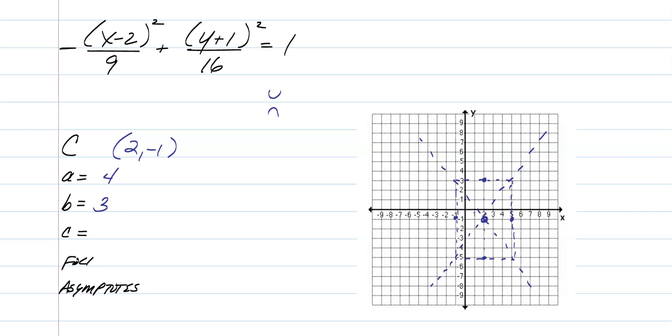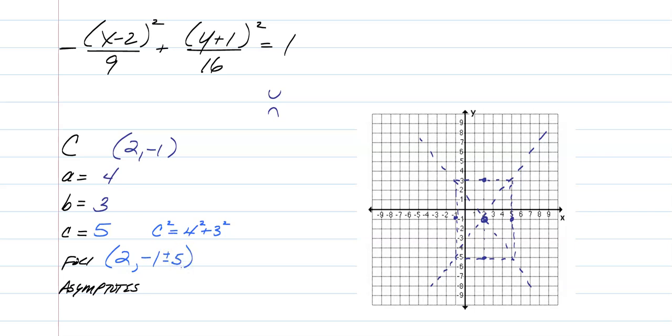Our C value, C squared, is equal to 4 squared plus 3 squared. That would be 16 plus 9 is 25. The square root of 25 is 5. So our foci are going to be 2, -1 plus or minus 5.